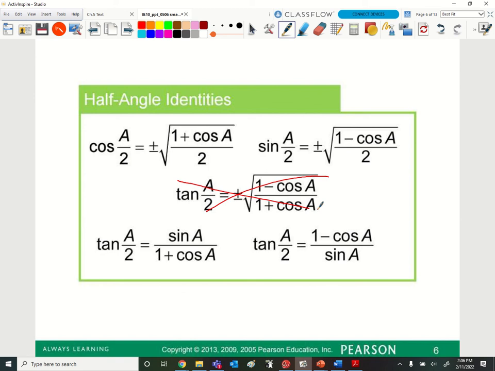That's the harder of the two. Now, this one right here is a little bit different. It just depends on the numbers that we're dealing with.